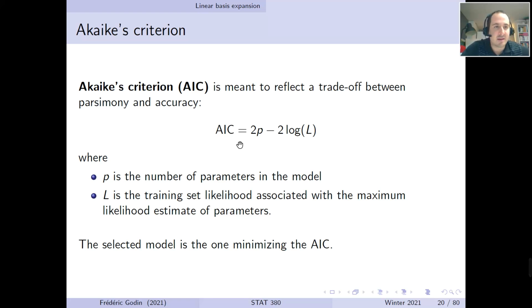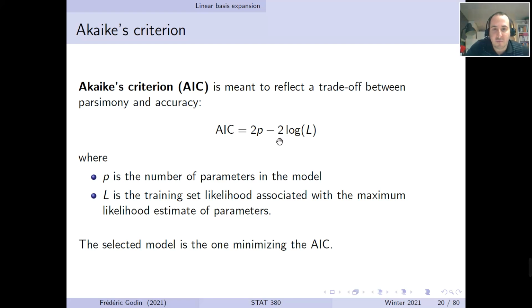So the Akaike criterion for a fitted model is defined as 2 times p, where p is the number of parameters in the model, minus 2 times log of L, where L is the likelihood of the trained model with optimum parameters, so the optimal likelihood that is provided by fitting the model and optimizing its parameters.